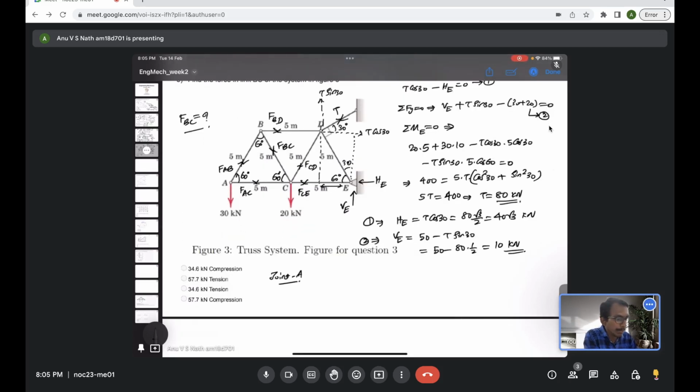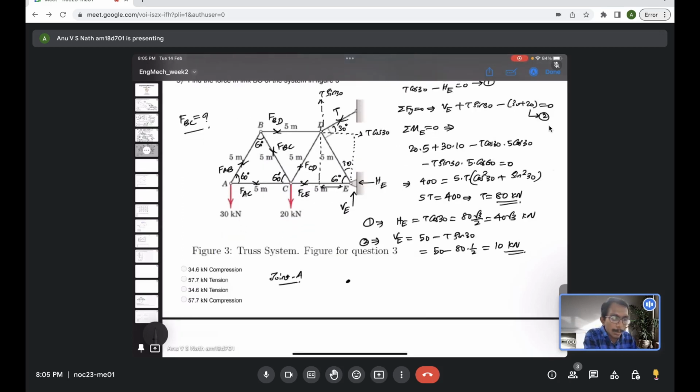Starting with joint A, we'll draw the free body diagram of joint A. We have 30 kilonewton acting vertically downwards, an unknown force FAC, and another unknown force FAB, and this angle is 60 degree. So you could either use sigma Fx equal to 0, sigma Fy equal to 0 to evaluate this kind of an arrangement.